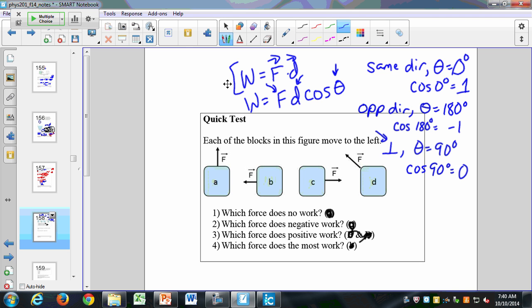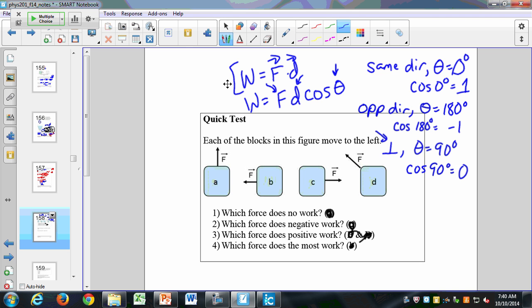So if the force is perpendicular to the direction of motion, then it does no work at all. So that's like the bucket of water or this notebook. You exert the force in the vertical direction, but then you move it in this direction. So the force is up, but the displacement is to the right. Then that does no work at all.